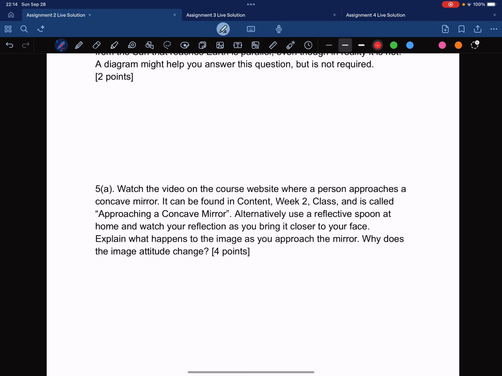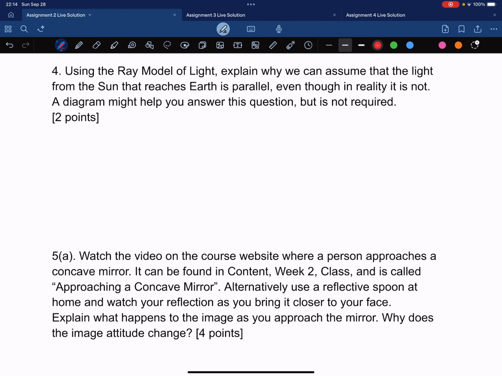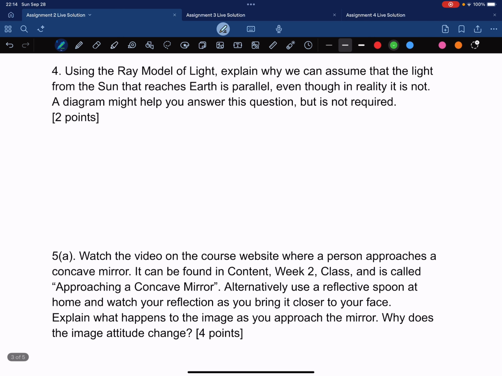Question 4. Using the ray model of light, explain why we can assume that the light from the sun that reaches Earth is parallel, even though in reality it is not. So in this case, we have our sun, we have our Earth, and the sun is giving off light rays in every direction.